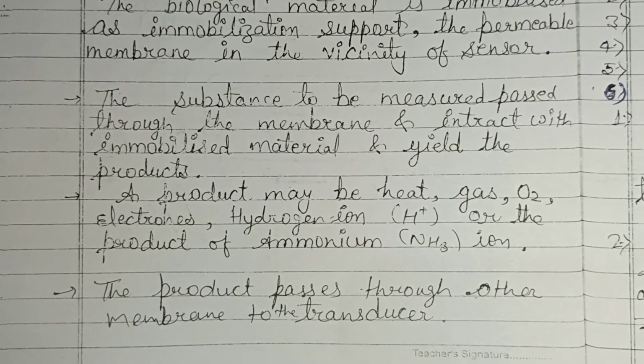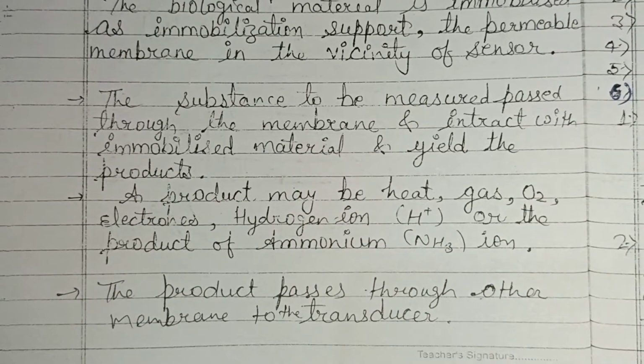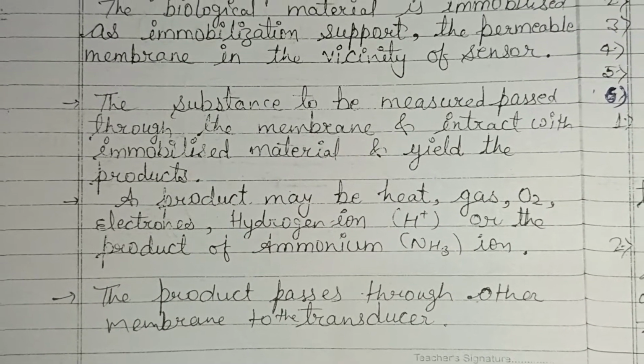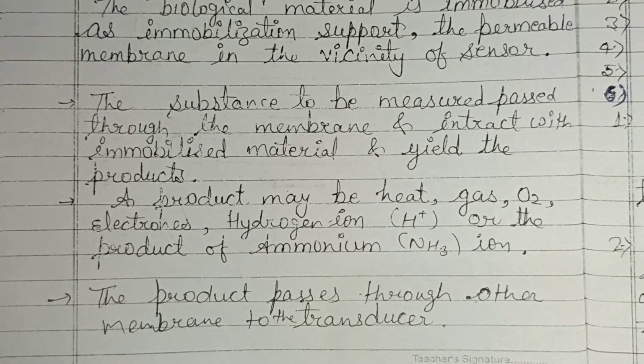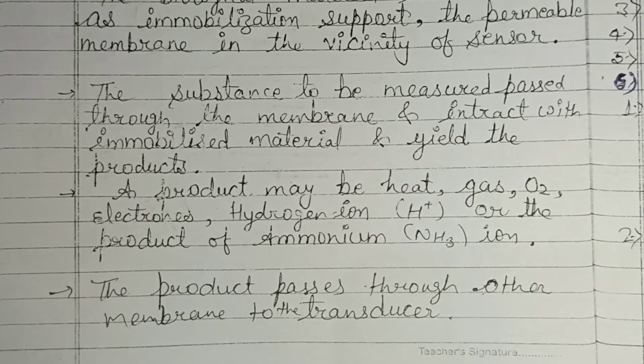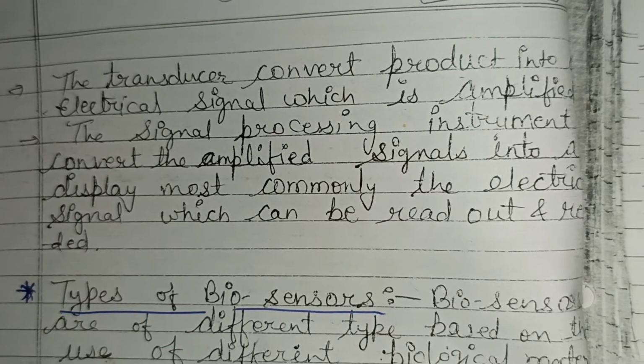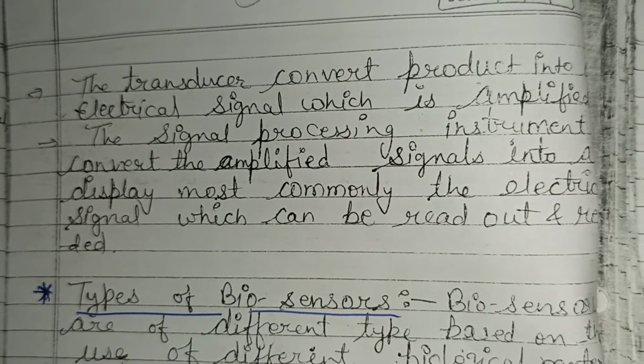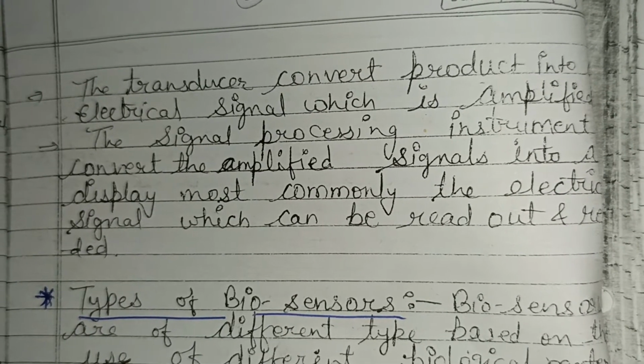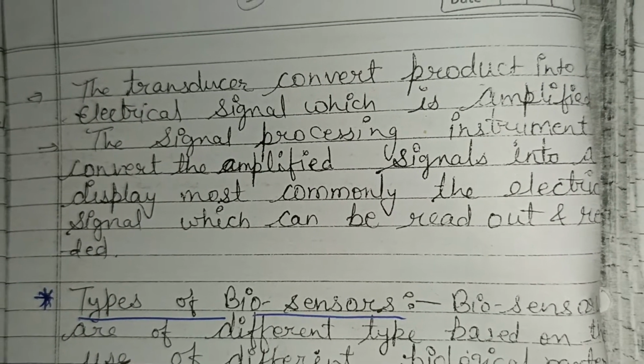A product may be heat, gas, oxygen, electrons, hydrogen ions, or ammonium ion, that is NH3. The product passes through the other membrane to the transducer. Then the transducer converts the product into an electrical signal which is amplified.